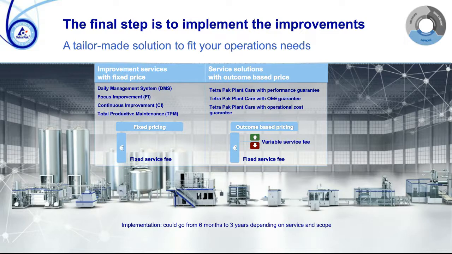Also, we can have the mother of all improvement activities, which is total productive maintenance or TPM for short. In a way, we can have other solutions, like Tetra Pak plant care with performance guarantee, or Tetra Pak plant care with OEE guarantee or operational cost guarantee as well.